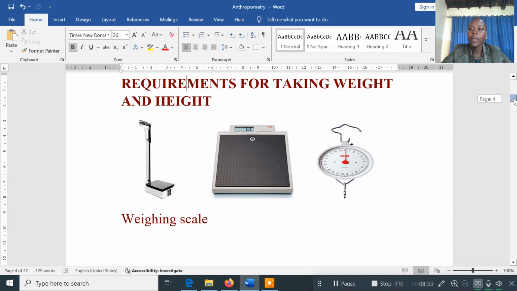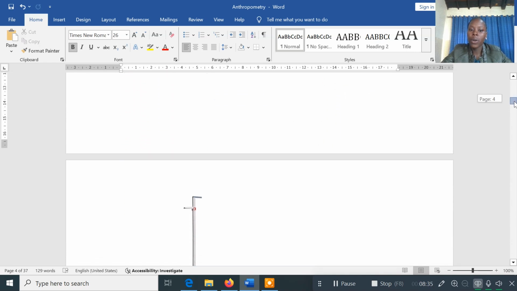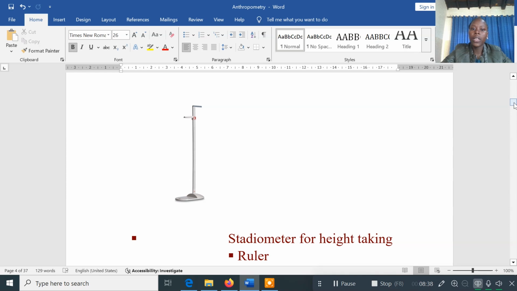Okay, so in addition to a weighing scale, you also need what we call a stadiometer. A stadiometer is used for taking height of a patient or of a client. This illustration here is showing us how a stadiometer looks. We have this type, but we also have another wooden type.